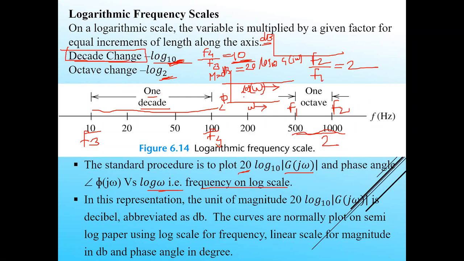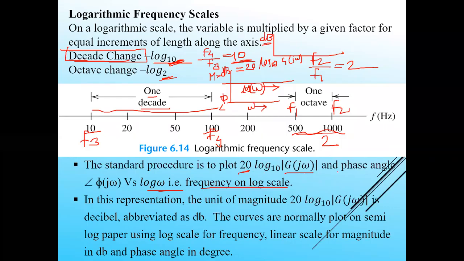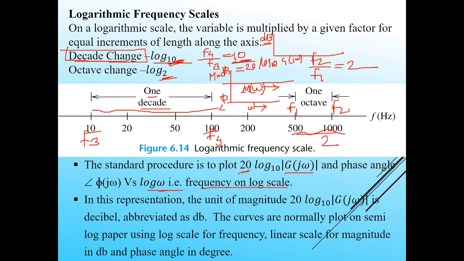So the standard procedure is to take plot, magnitude plot of 20 log 10 G(j omega) and phase angle phi(j omega) versus log omega. In this representation, the unit of magnitude 20 log 10 G(j omega) is decibel, abbreviated as dB.